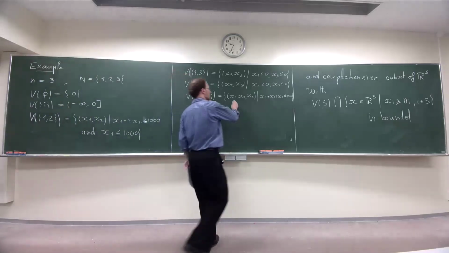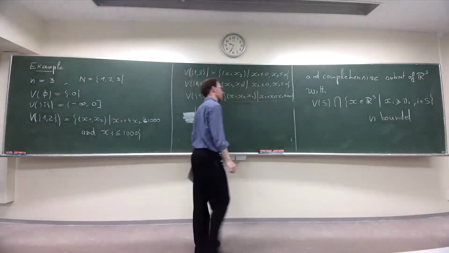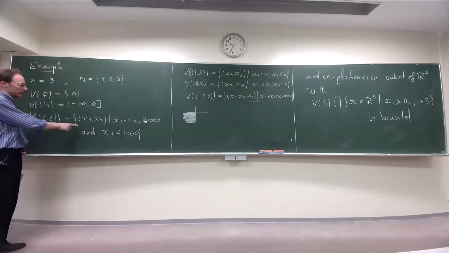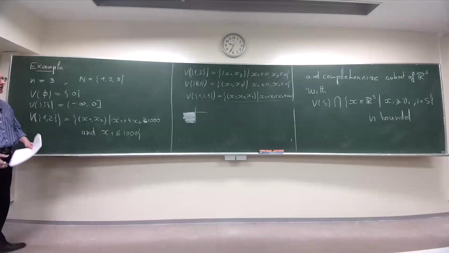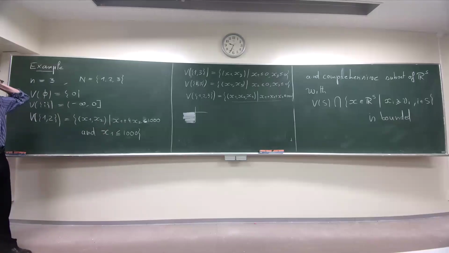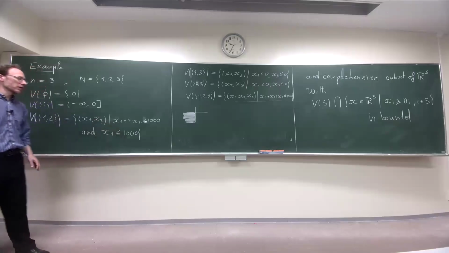I encourage you to represent this, what subset it is. And this is easy, it's also in 2 dimensions. It's a subset with 2 conditions. So x1 is smaller than 1,000, and you can represent this condition.